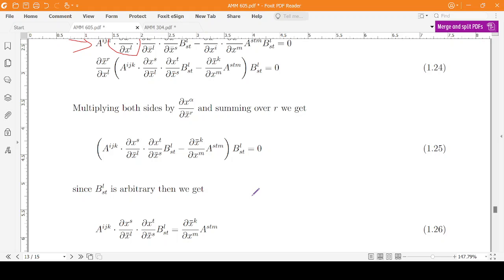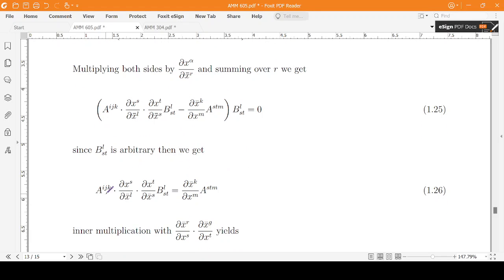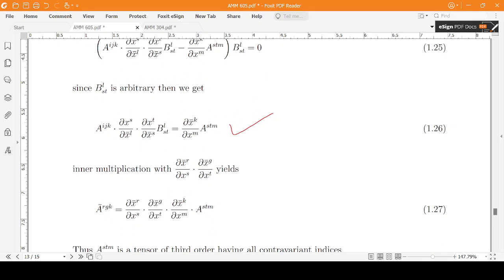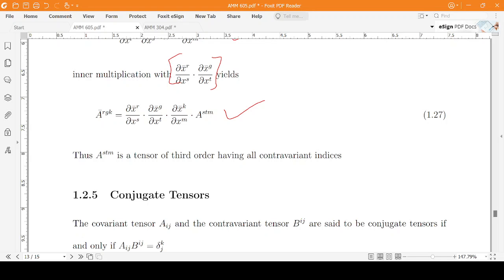And because BLST was an arbitrary tensor, the quantity inside the brackets must be 0. If we equate this to 0, then we can take one term to the other side. We end up with the equation 1.26. And a multiplication with this quantity here will give us this expression, so that ASTM is a tensor of that order having all contravariant indices.